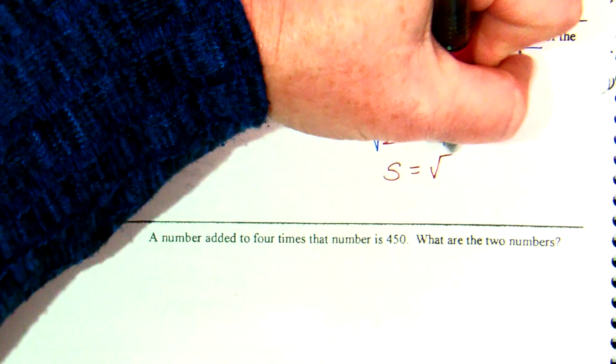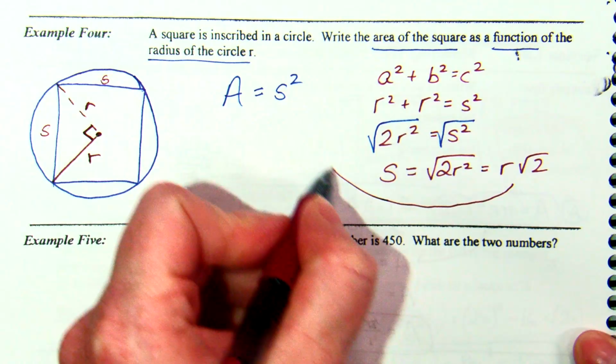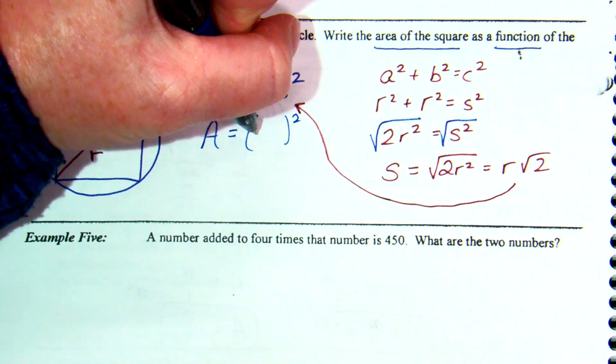Okay. This last one is a quick one, if you let me do it. And you'll understand it. A number added to 4 times a number is 450. What are the two numbers? In algebra, what is a number? She says X. Added to, plus, 4 times a number, equals 450.